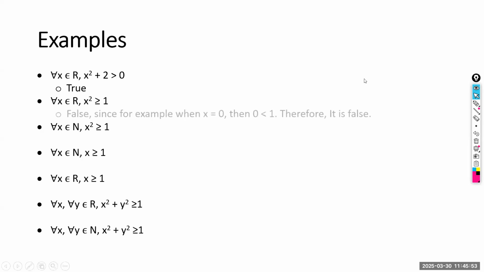What about the third one? True. This is true. If you say true, of course, I can ask for a check, because then I need to verify whether it is really true. Yes, natural numbers mean 1, 2, 3, 4, 5, 6, positive numbers. The worst case is 1. 1 squared is also equal to 1. So obviously, this is true.